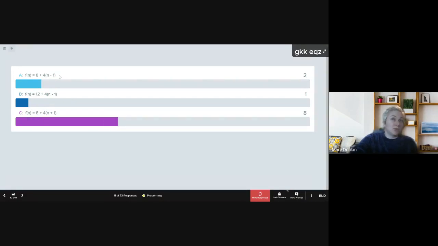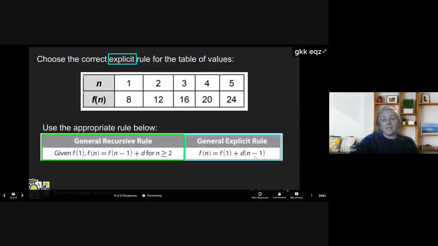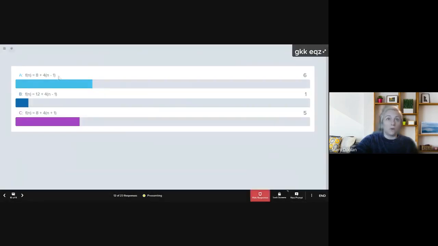So what's different between A and C? One has a minus 1, one has a plus 1. Do we want minus or plus? Minus 1. The difference is 4. That's why the d is replaced with 4. And then it's n minus 1. So the correct answer is A.